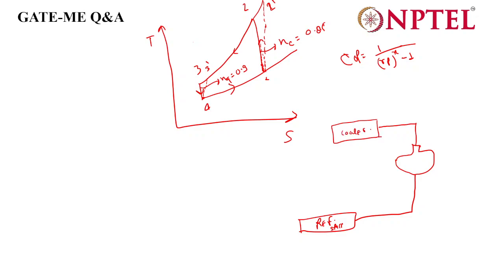We will say cooler. From the refrigerated space it will take some Q absorption, or refrigeration effect, and here we provide some work for the compressor, and it will reject heat here. After this it will come here, and the turbine would be there.